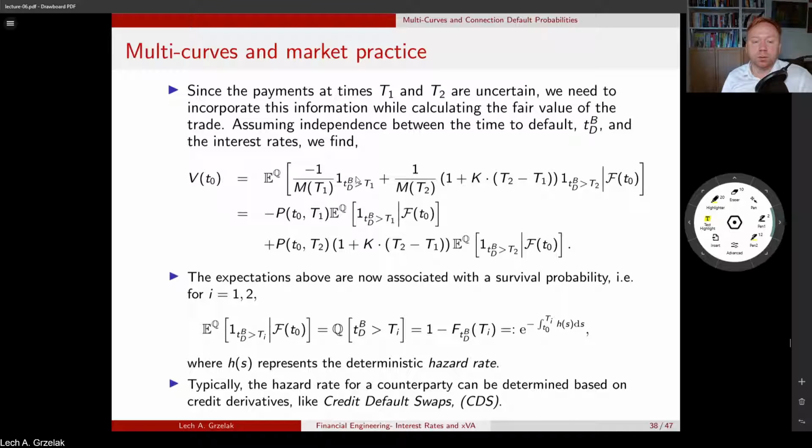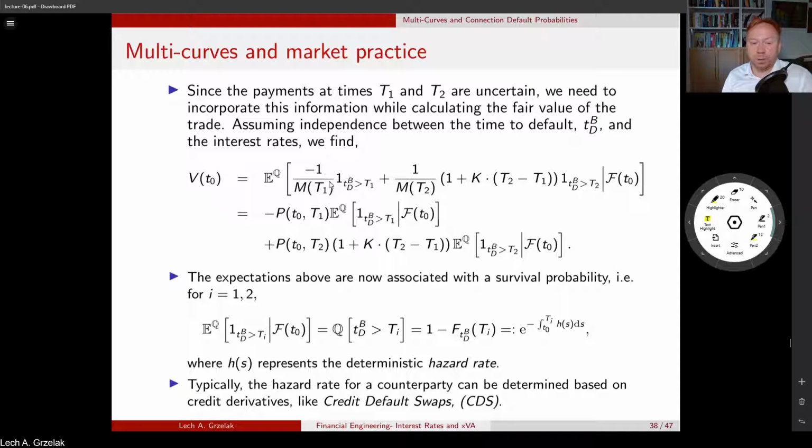We have to assume that the probability of default of a counterparty is independent of interest rates. This is a necessary condition if you want to derive it. Otherwise, we would need to think of some kind of copula, or even solve it analytically, but it would be rather involved to join those two distributions.